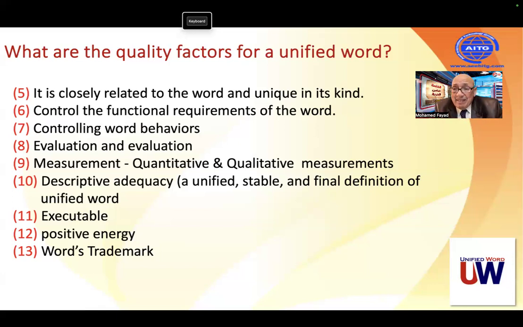A word can have negative energy if I don't know anything about it, if I use it as concepts, because per word we have many concepts. For a system we have many systems, by the way. They're all concepts, and built based on concepts too. But when you use the word with this quality factor there, you turn it into a positive energy. Everybody would love it. And it's going to be stable. You don't have to keep maintenance all the time.